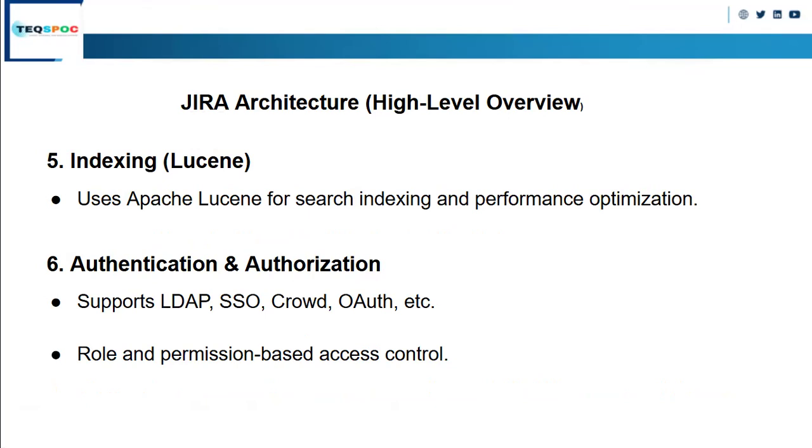Then you have seen how Jira does the indexing and optimizes the flow of data with the help of performance optimizers. Then how Jira handles security in the backend. So it uses OAuth2 for security in the backend, which is basically common security in Java Spring Boot applications, along with role and permissions control. So this is basically the Jira architecture.